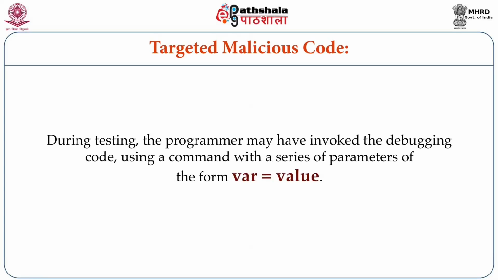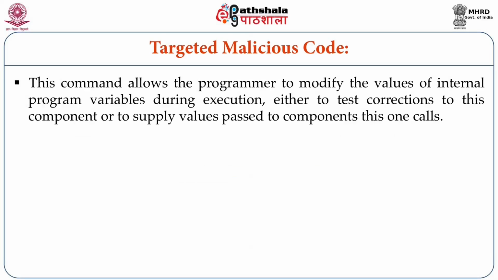During testing, the programmer may invoke the debugging code using a command with a series of parameters of the form where is equal to value. Actually, where is equal to value allows the programmer to modify the values of internal program variables during execution, for the test, either to test corrections to this component or to supply values passed to the components.